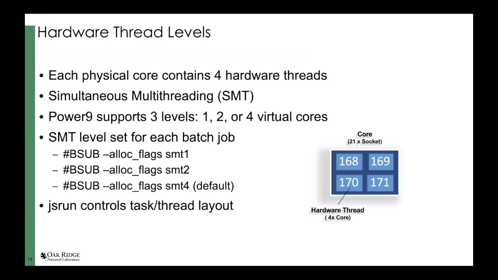You can control this at the LSF level using the -alloc flags that I mentioned before. If you use the alloc flags and say SMT1, it will activate only 1 of those hardware threads on the core. SMT2 will activate 2, and SMT4 will activate all 4.